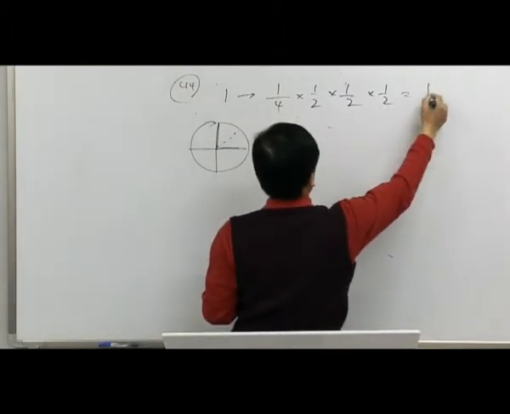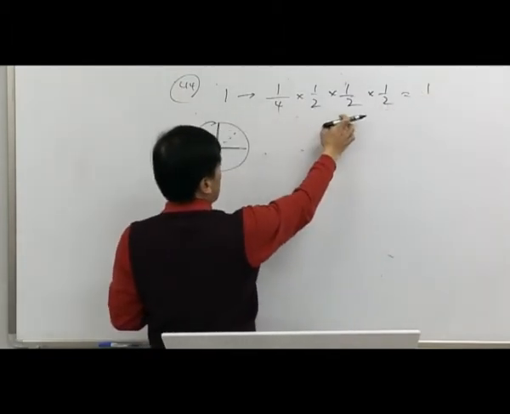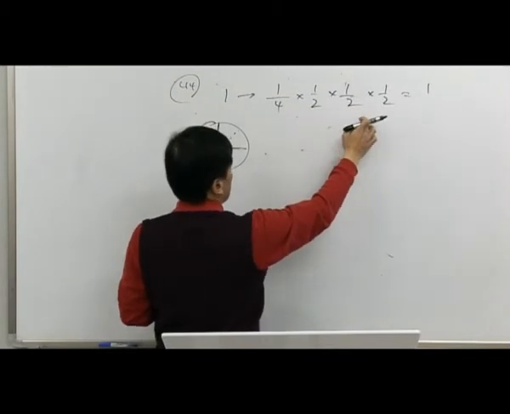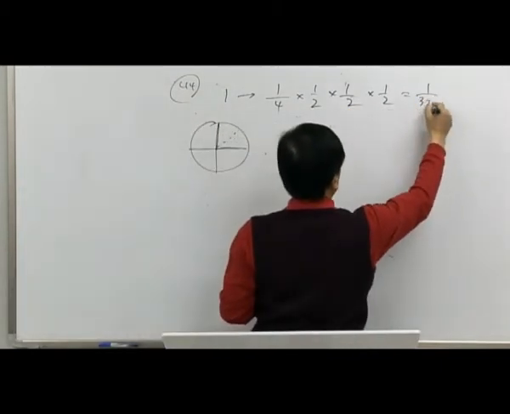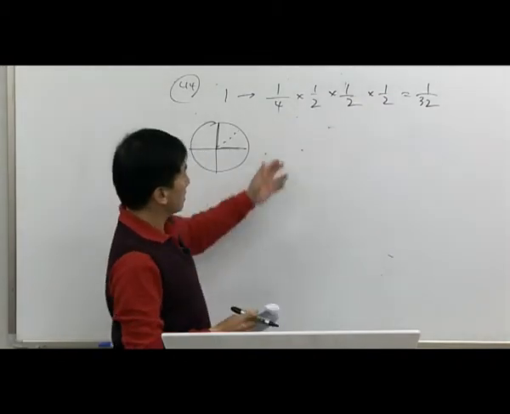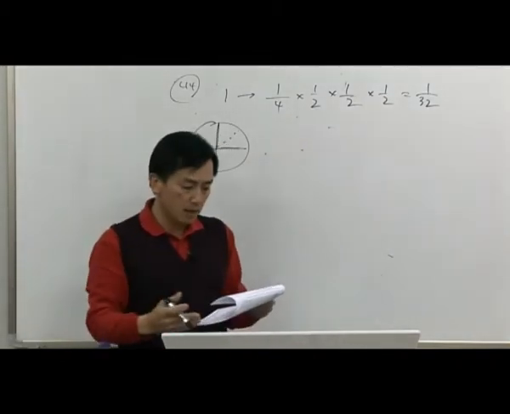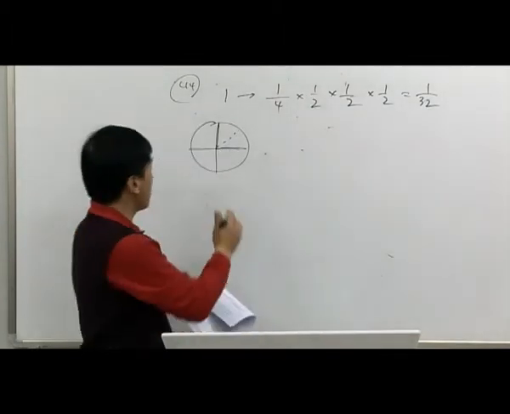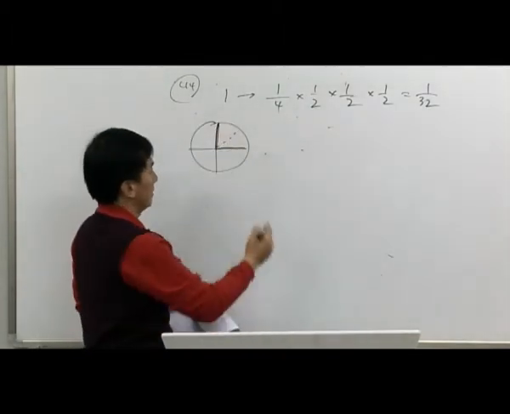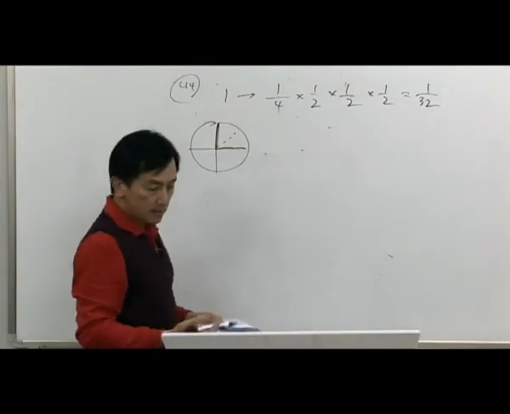That's going to be 1 over 4 times 1 over 2 is 1 over 8, times 1 over 2 is 1 over 16, times 1 over 2 is 1 over 32. Okay, let's double check. 4 times 8 is 32. So it's 1/32 of its original size. So we want to find the angle between the two straight lines. Now originally that's 360 degrees.